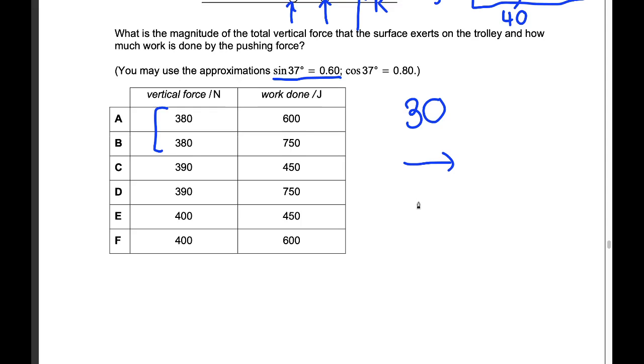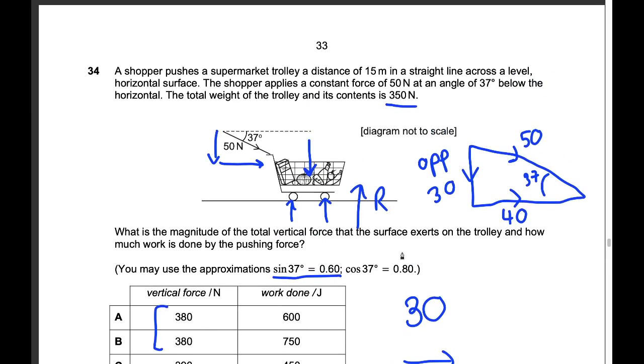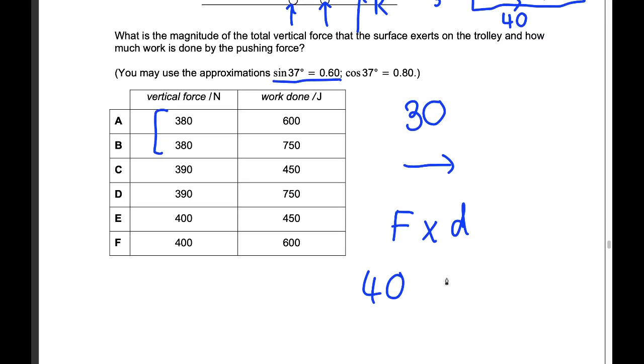So this is why the work done is always equal to the force in the direction of displacement. So we need to use force times displacement to work out the work, and that force is going to be 40. The displacement is equal to 15 meters, so we're doing 40 times 15, which is 600. So it's 600 joules, so that means it's an answer of A.